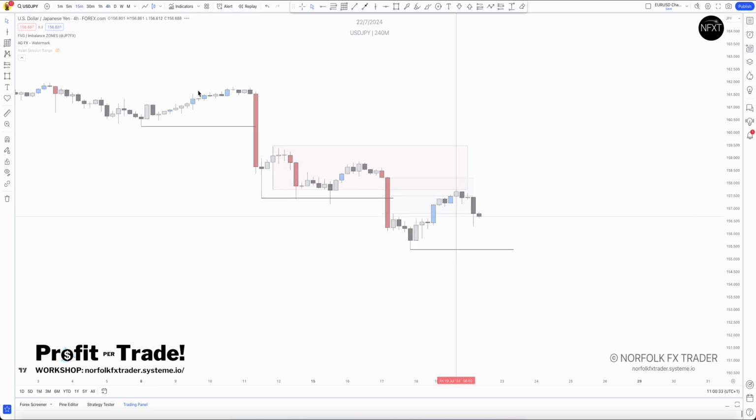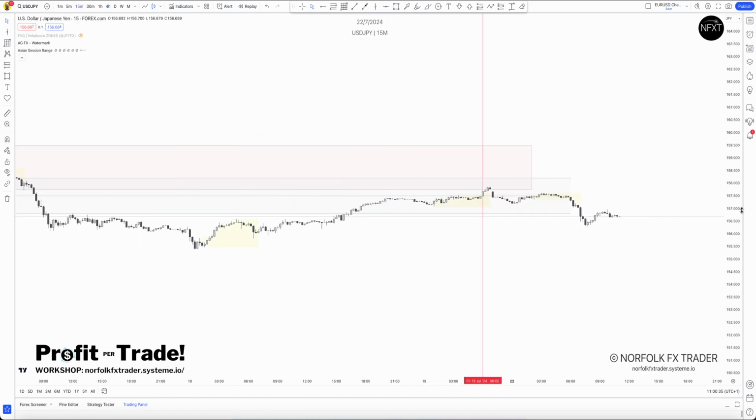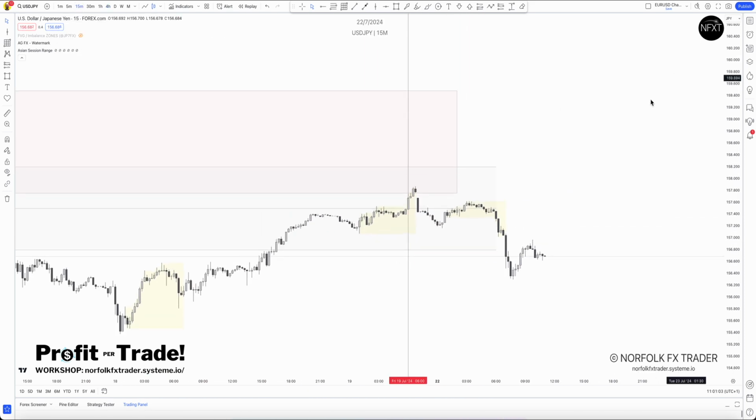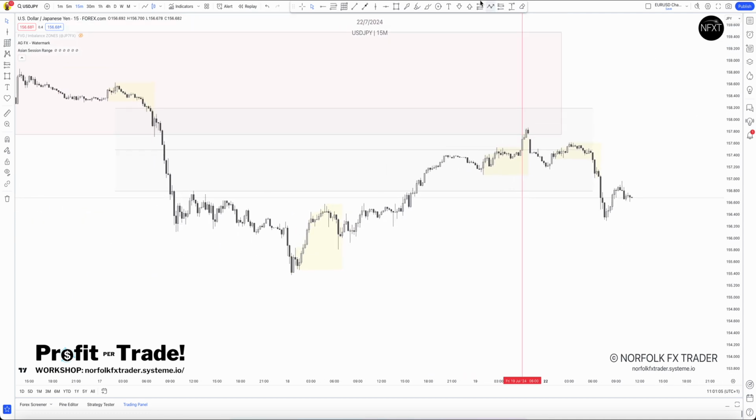Now we go down to our 15-minute. So this is using our supply and demand strategy. We can identify here where the market makes this swing low, reversing structure to the upside. We then continue to push through. Let me just show you this actually with a level. So we break this level here.